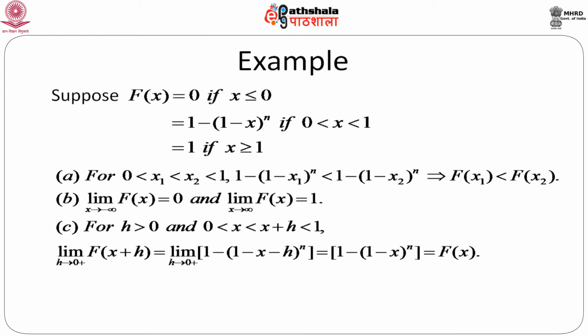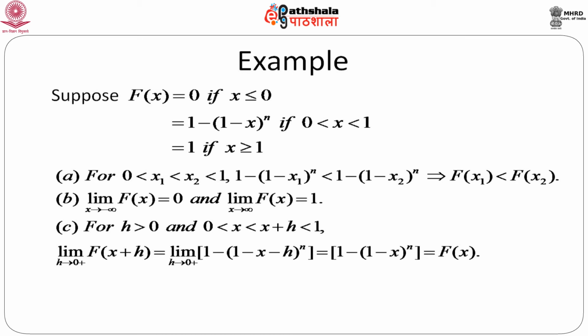If we want to check the properties, it is clear that for every x1 less than x2, F(x1) is less than or equal to F(x2). So, it is non-decreasing. Now, it is clear that F(x) equals 0 as x goes to minus infinity, and F(x) equals 1 as x goes to infinity.